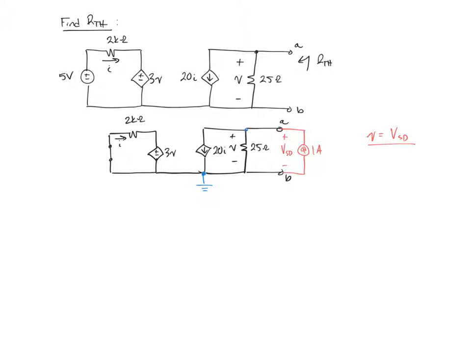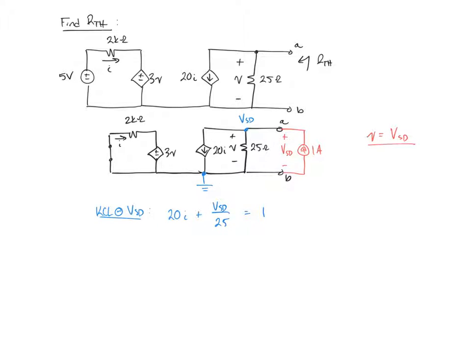So this top node becomes V sub SD. KCL at VSD will be 20I plus VSD over 25, the current through the 25 ohm resistor, and that must equal 1.